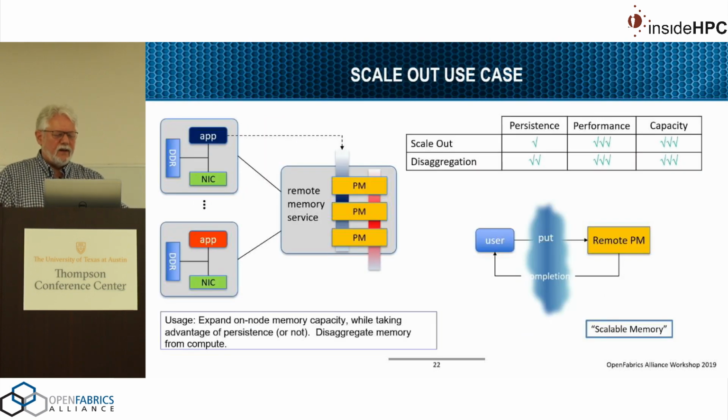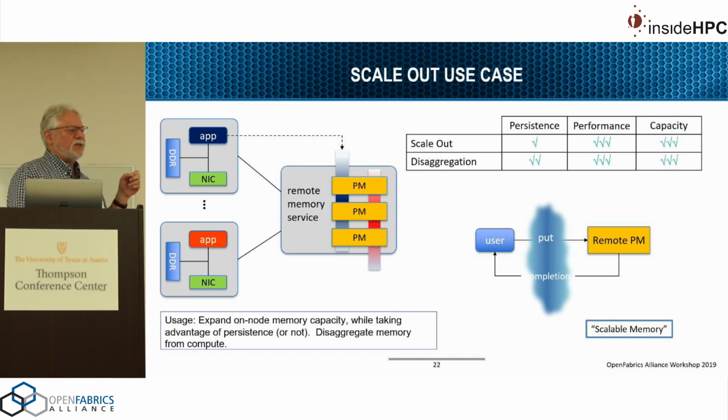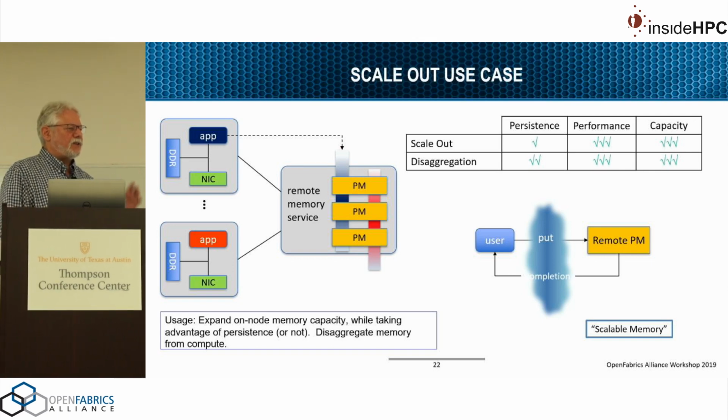Scale-out use case. The difference here is this is looked at as scalable memory, so you've got a bunch of nodes and you want to scale the memory available to each of those nodes independently, so there's no notion of data being shared between processes running on multiple nodes. This is just a pure extension of the memory that's available to you on your local node.